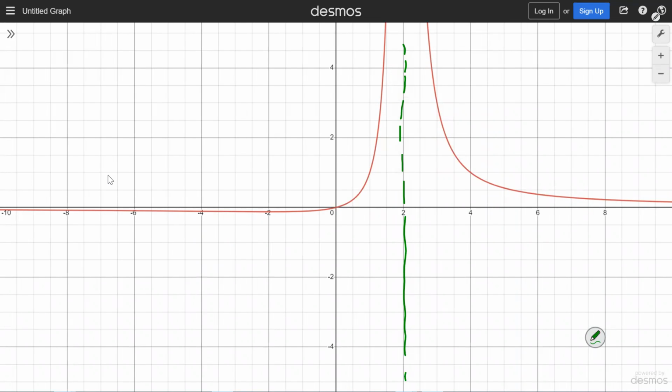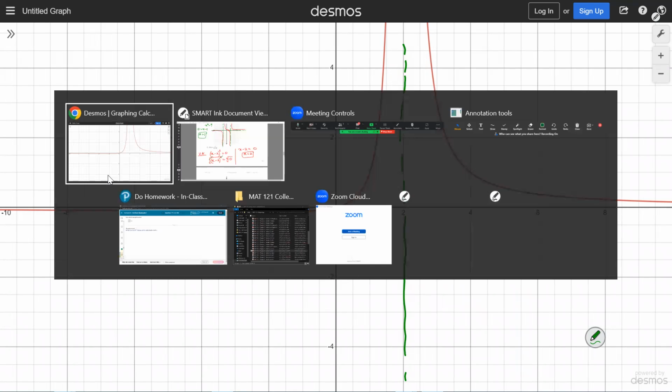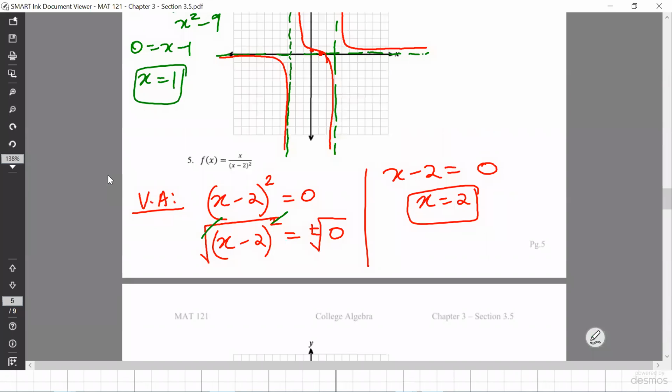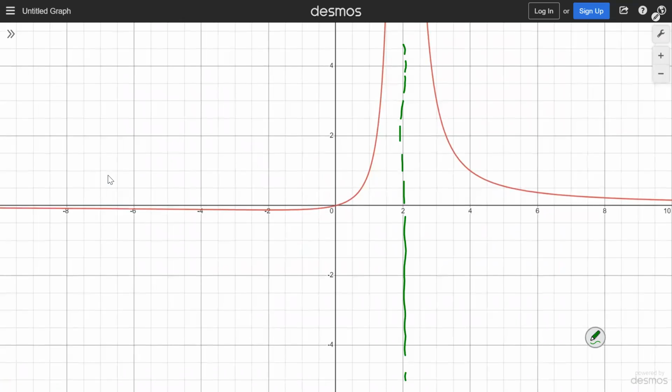Now, also, your numerator has a lesser degree than your denominator, because when you FOIL that, it's going to become an x squared polynomial on the bottom, and that's an x on the top. So since the degree of the numerator is less than the degree of your denominator, the x-axis is going to become your horizontal asymptote.